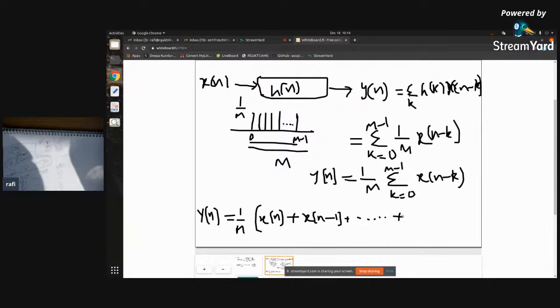And the last term will be x of n minus m plus 1. So these are the past m samples of the input, m samples of the input.